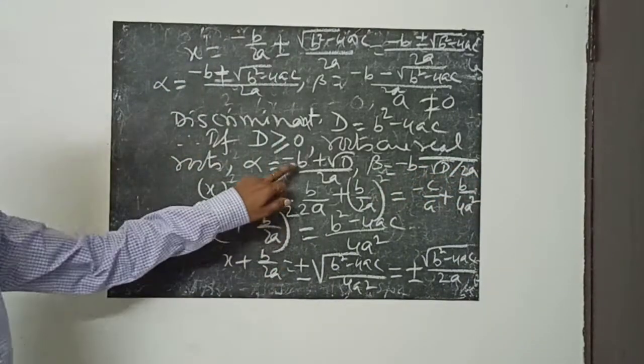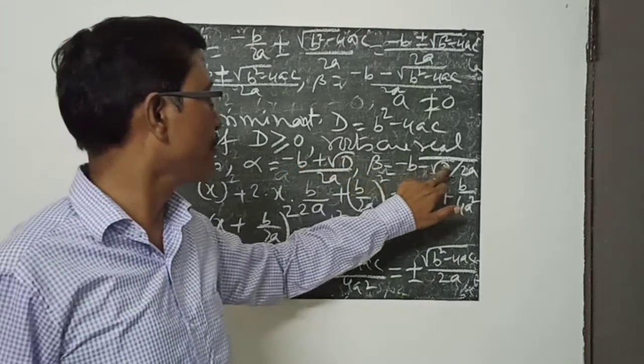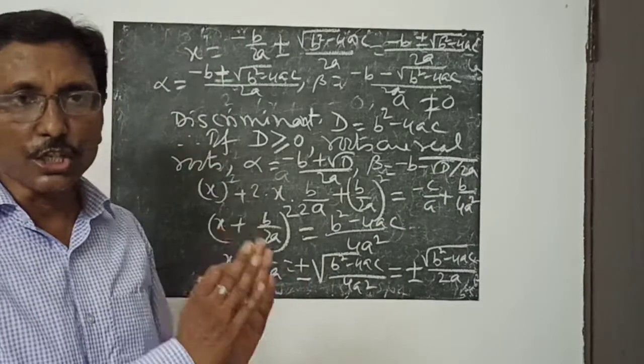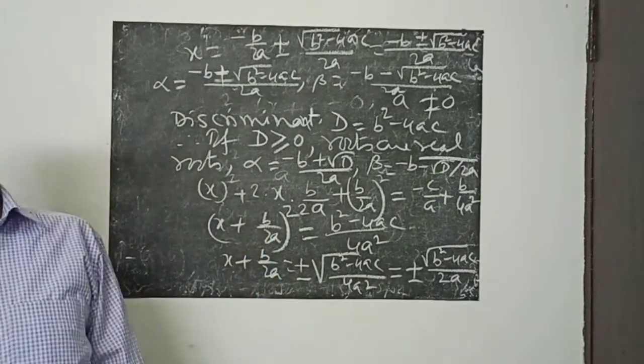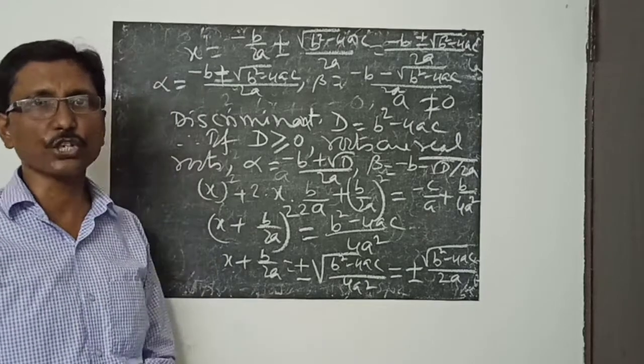These two roots we can calculate directly, where D is equal to b square minus 4ac.